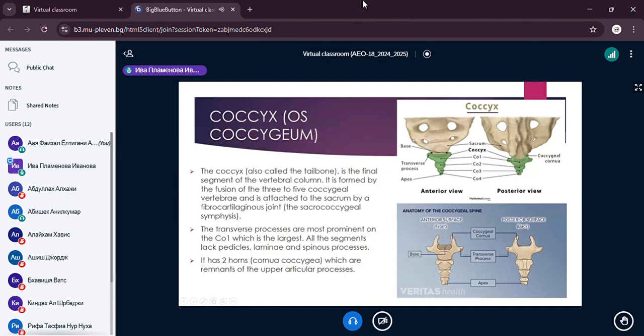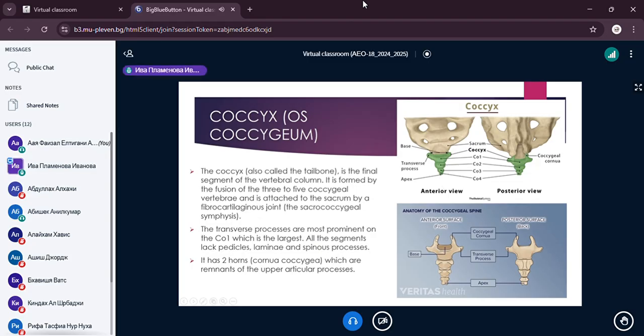After that I told you about the coccyx, we have again the base, which is connected to S5 or the apex of the sacrum. And we have the apex also here. The vertebrae are mainly 4, most often 4, from CO1 to CO4.